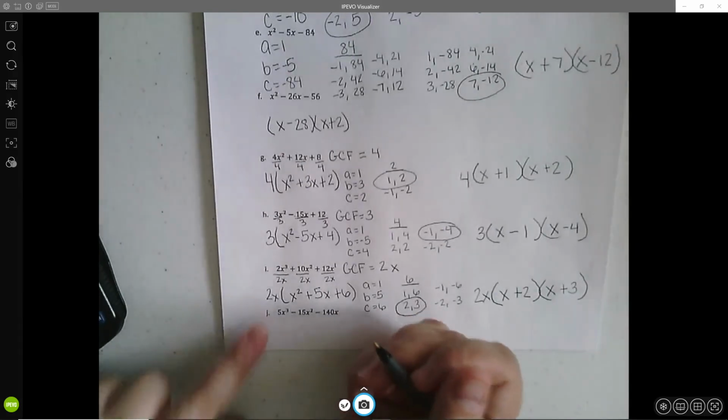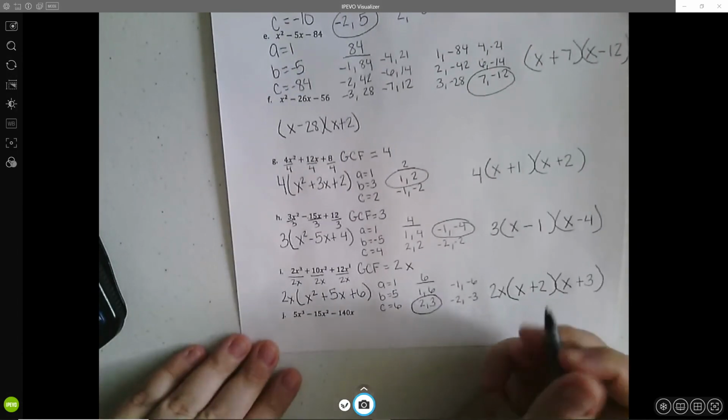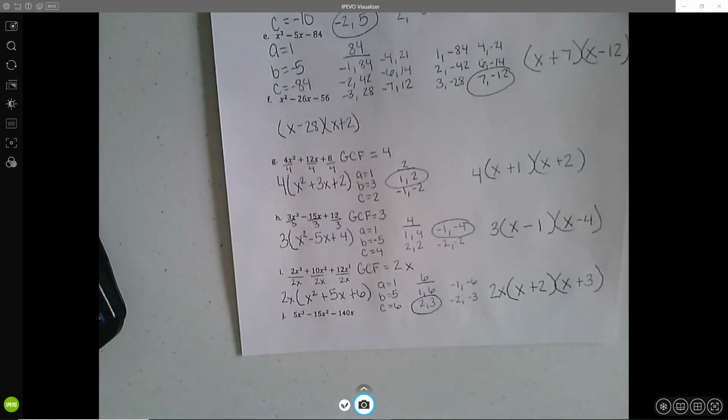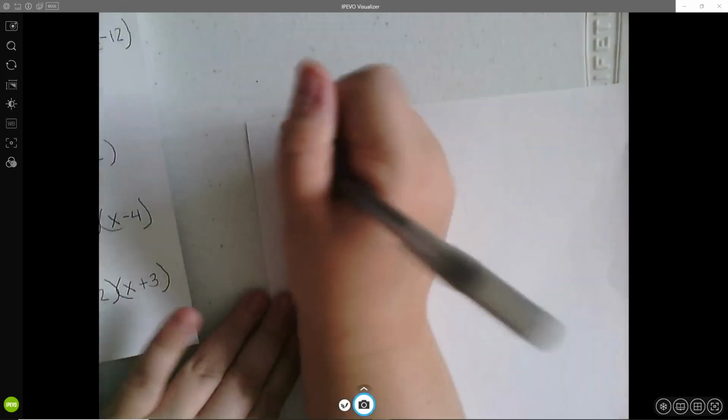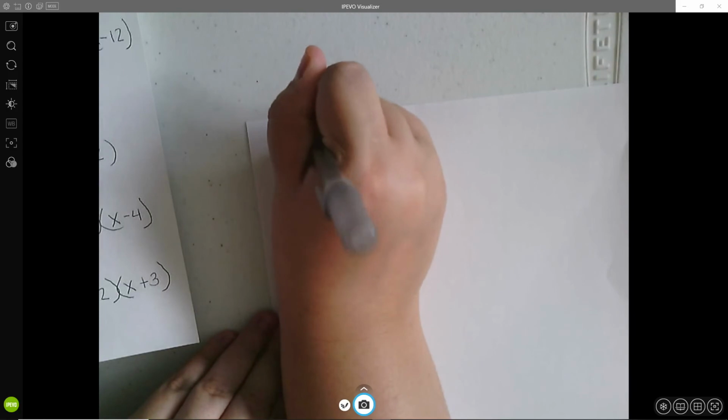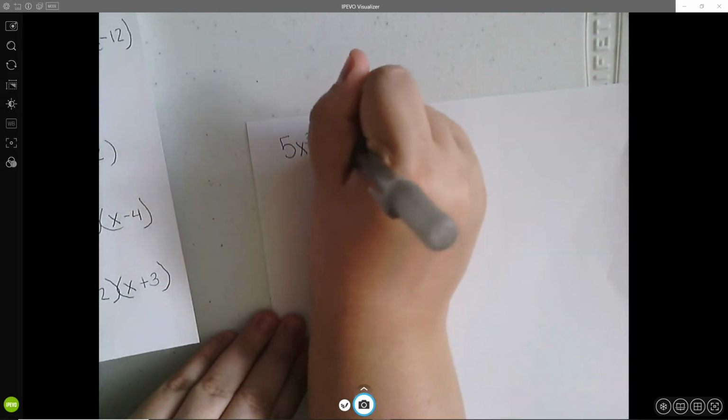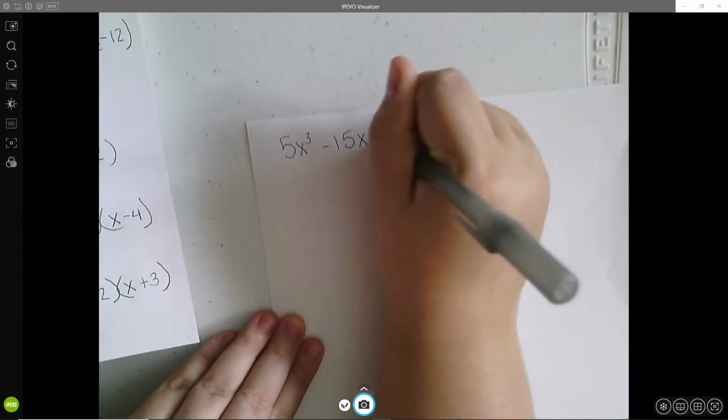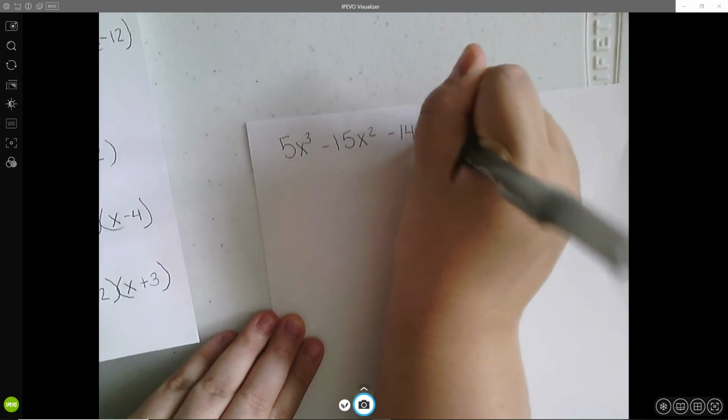Okay, and final one here. I'm going to go here on another sheet of paper just so we have enough room for it. So I'm going to rewrite it. I have 5x cubed minus 15x squared minus 140x.